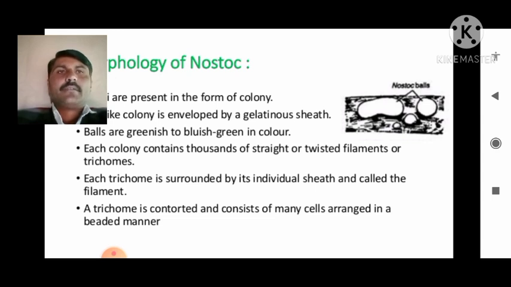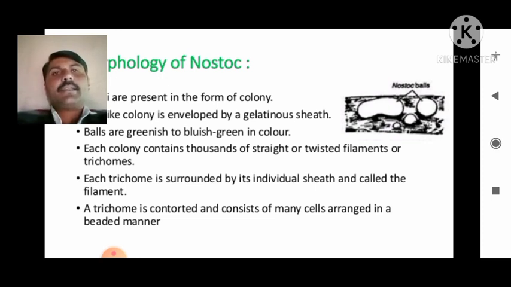Friends, Nostoc is an alga which lives in a colonial form. This colony of Nostoc is covered with a sheath, that is a gelatinous sheath.